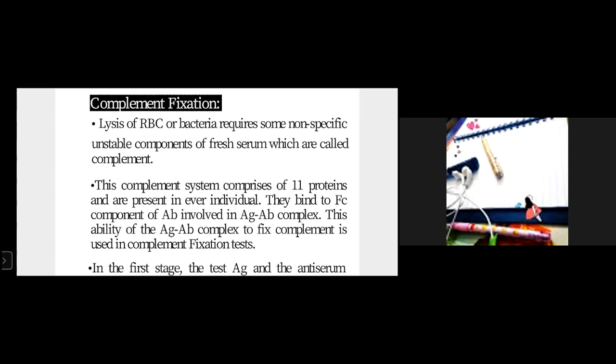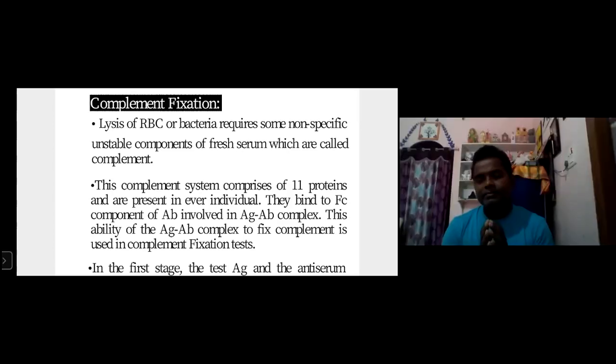The complement fixation, the lysis of RBC. What is complement fixation? Simply, whenever antigen antibody complexes are formed in the blood, complements are activated. Complements attach and bind to the antigen antibody complexes, and the reaction proceeds very fast, with phagocytosis, opsonization and different reactions starting.